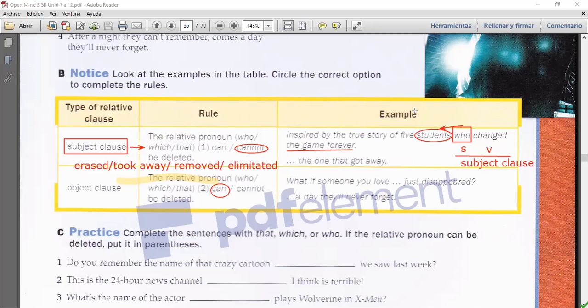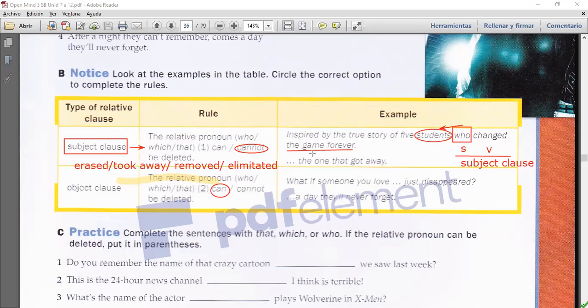Because relative pronouns are gonna be next to the noun that they give extra information about. It must be next to the noun.